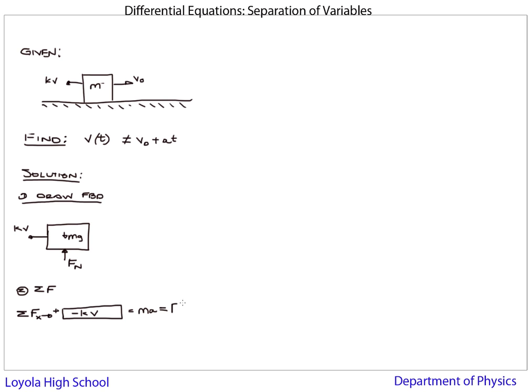And the sum of the forces in the y direction is going to look something like this: Fn minus mg equals ma_y. So that's our template. In the x direction, we are going to have an acceleration, so that's not 0. In the y direction, it is 0.